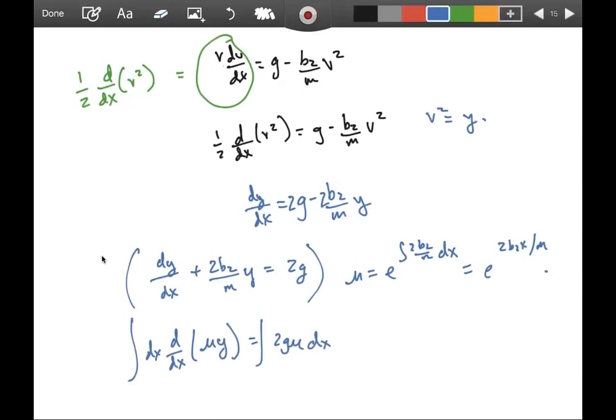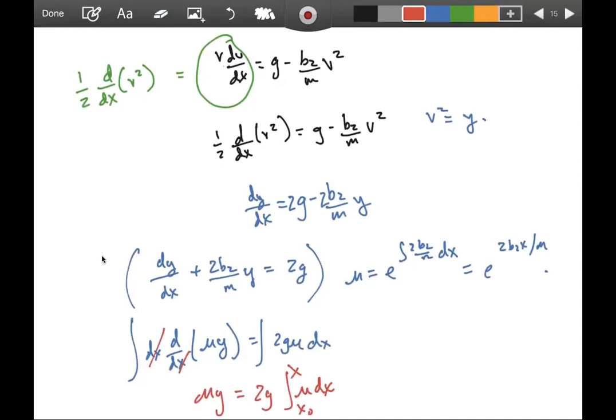So let's go and do that. Now, again, let's work with the limit that v initial is equal to 0, just to make it a little bit easier. So in this case, this is just going to cancel. So the left-hand side is just going to become mu times y. And then the right-hand side is going to be 2 times g integral of mu dx, integrated from x initial to x final.